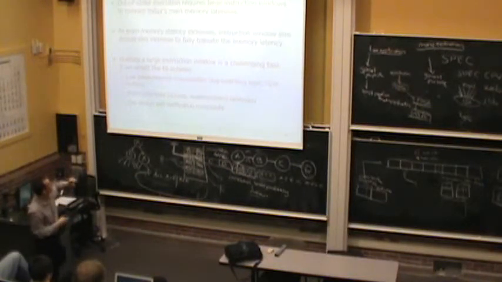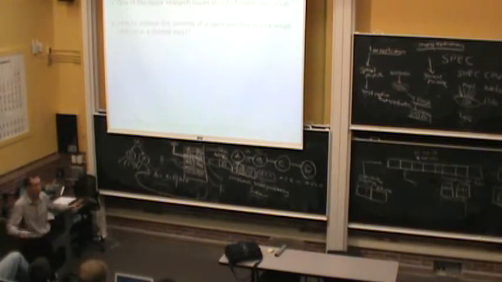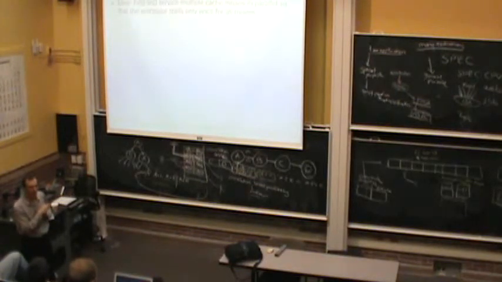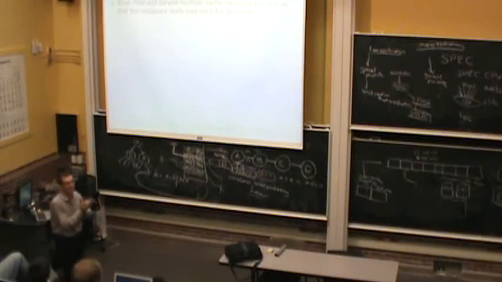We would like to get the benefit of a large window with a smaller window, or in a simpler way. In fact, the scaling of window size is a major issue in making out-of-order execution more efficient. So how do we do this? Well, one of the benefits of a large window is really memory level parallelism. It's really to tolerate latency. You need a large window usually when you stall for a long latency. And why do you stall for a long latency? When you get a cache miss.